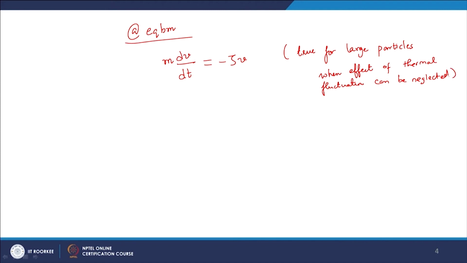So, by the way, how large is too large? We have already done some scaling. In fact, if it is greater than 1 millimeter, it is already a very large particle. Only when we go to say a micron range, then the thermal motion becomes appreciable. Otherwise, the drag force is all that is acting on the system.